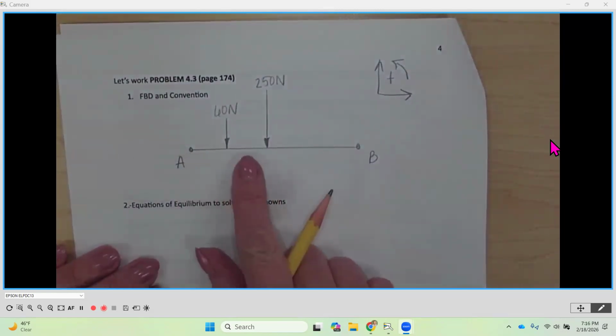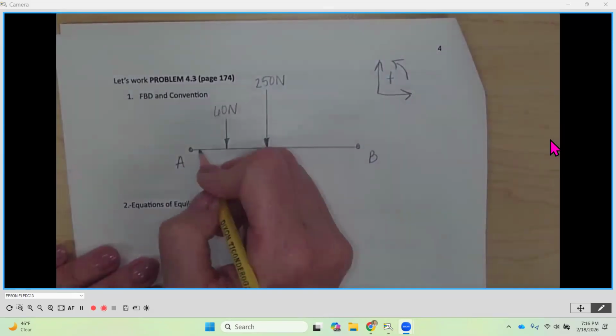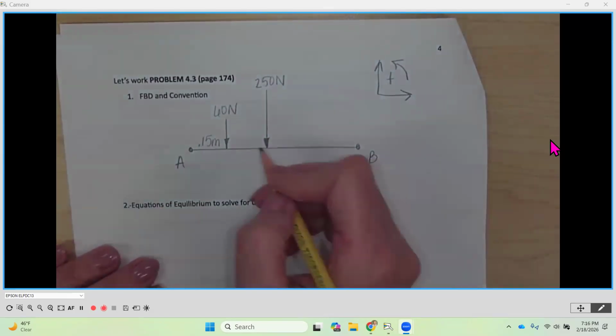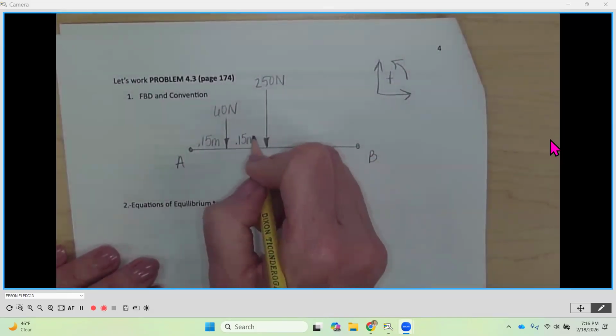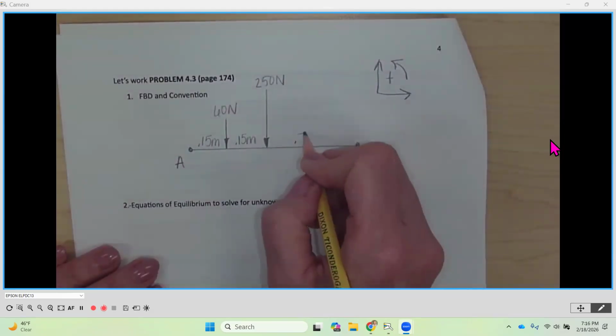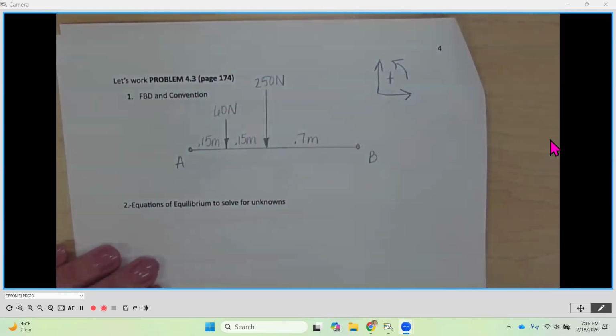And then I want to put the distances that they give us in between here. So this is 0.15 meters between A and the 60, another 0.15 meters between the 60 and the 250, and then the 0.7 meters to B.